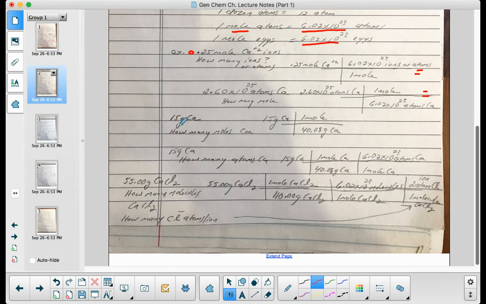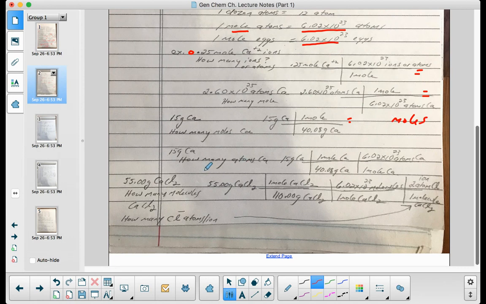So what if I wanted to convert 15 grams of calcium into moles? Well, then I would take 15 grams and use the molar mass now as the converter. I would just take 15 grams and divide by 40.08 grams to get the number of moles here.